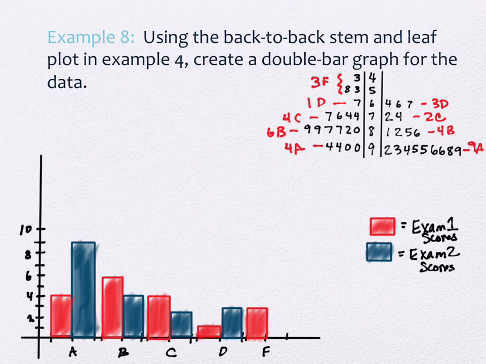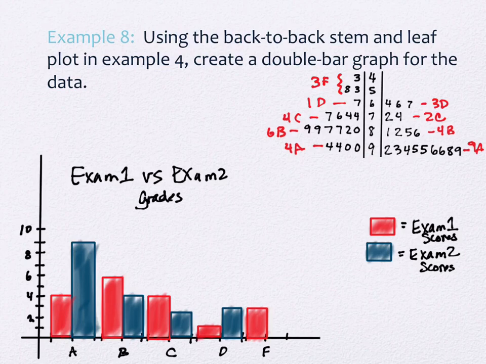I'm missing a couple things. What am I missing? A title. What's the title? What could you put? Good. So you either need to write comparison of, or versus is a good way to do it. So I'll write it that way since Faith said it. So these are exam 1 versus exam 2 grades.